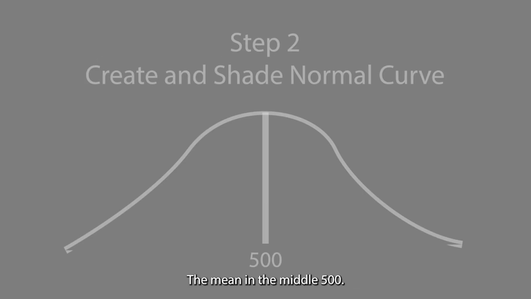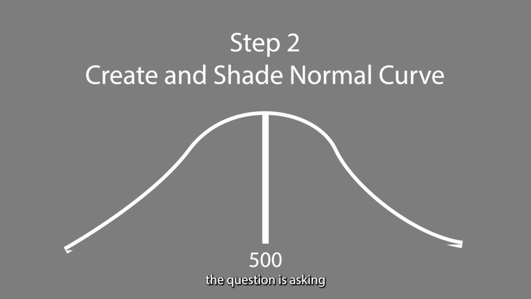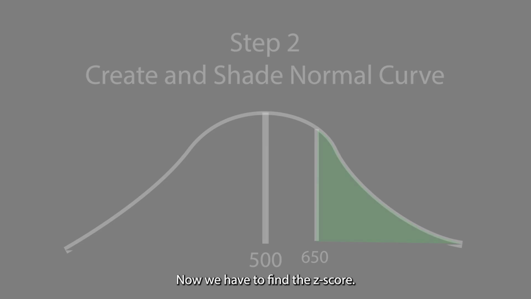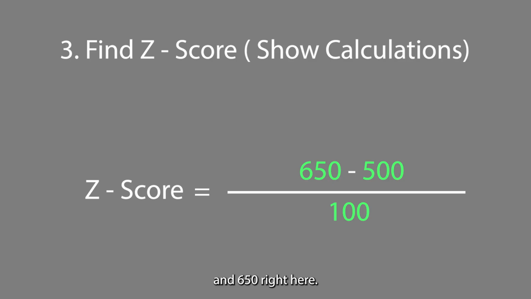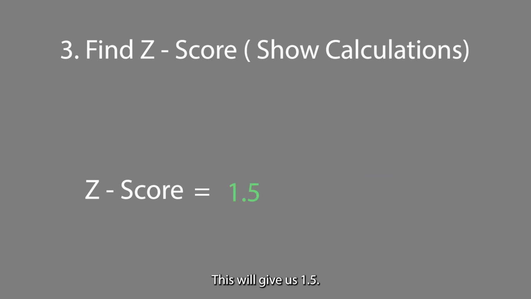The mean in the middle, 500. This time, the question is asking for the probability that someone walks over 650 meters at Largo Central Park. So, we shade past 650. Now, we have to find the z-score. 500 mean, 100 standard deviation, and 650 right here. This will give us 1.5.